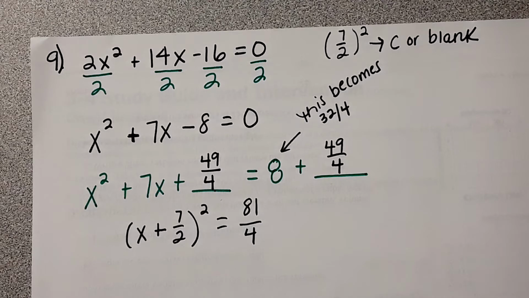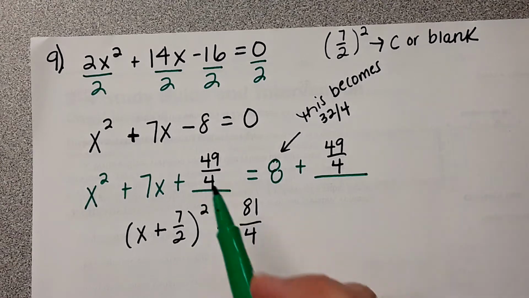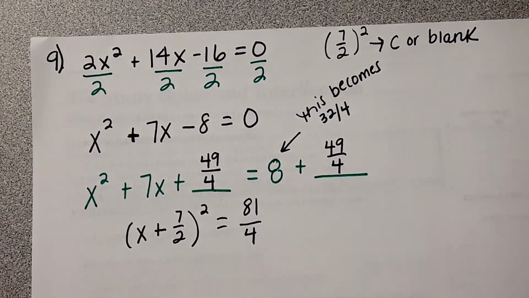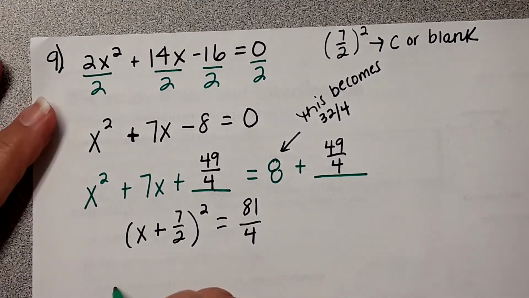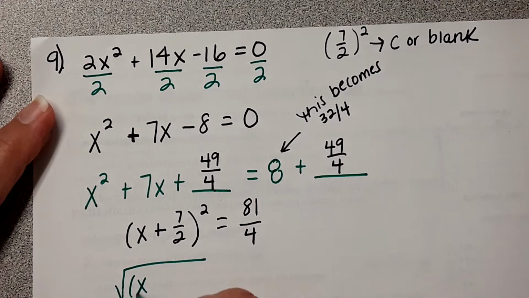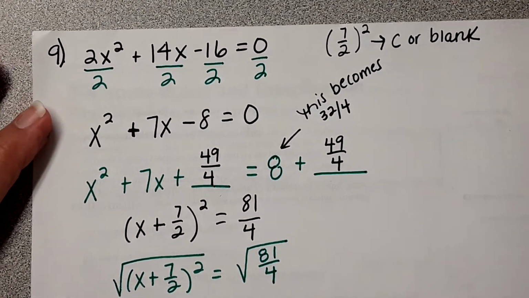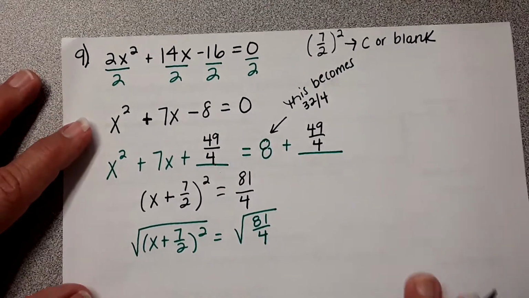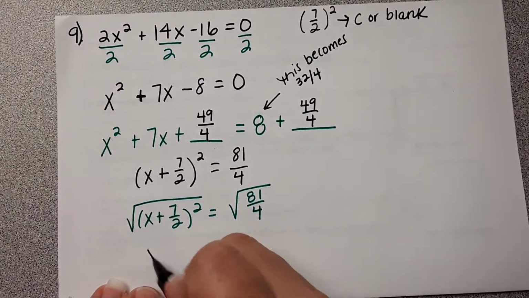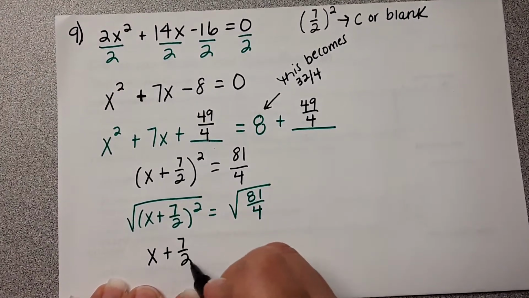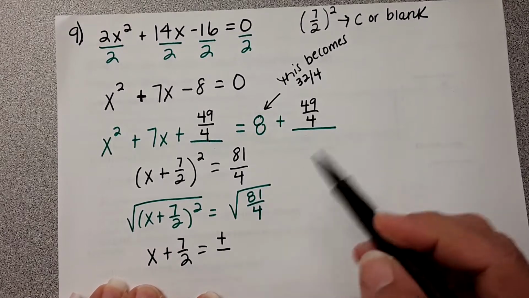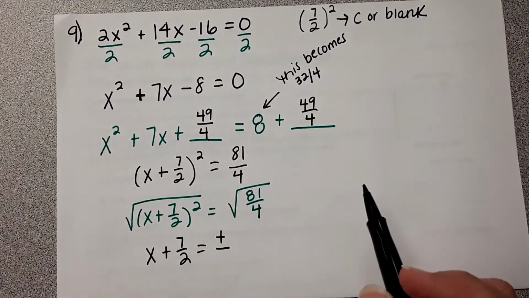Now what am I going to do? Did you say take the square root of both sides? If you said that, then you are correct. So we're going to take the square root of both sides. This becomes x plus 7/2 plus or minus, well, what is the square root of 81?